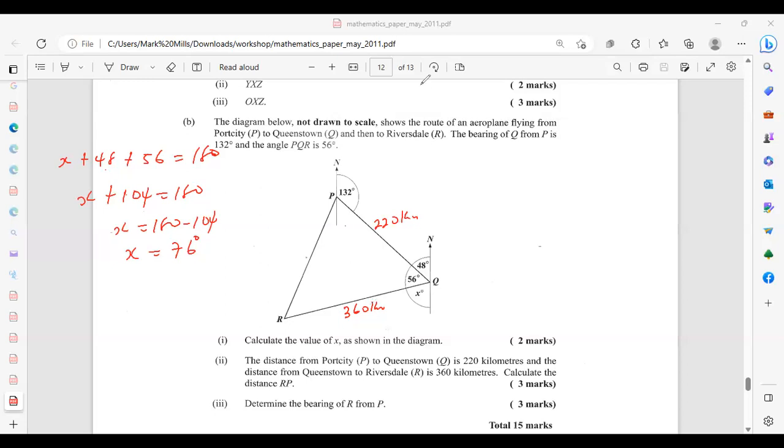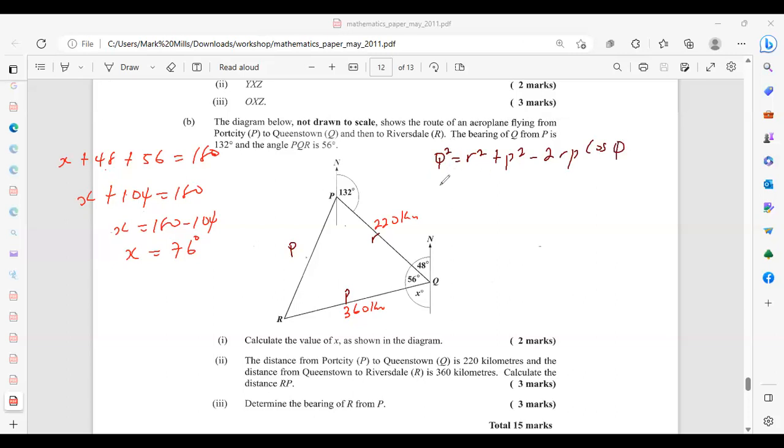So if we're going to use the cosine rule, we label the sides. Here be small q, here be small p, here be small r. So it'll be q square is equal to r square plus p square minus 2rp cos of angle q.